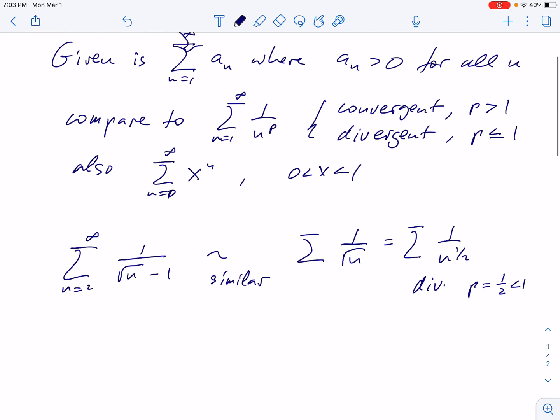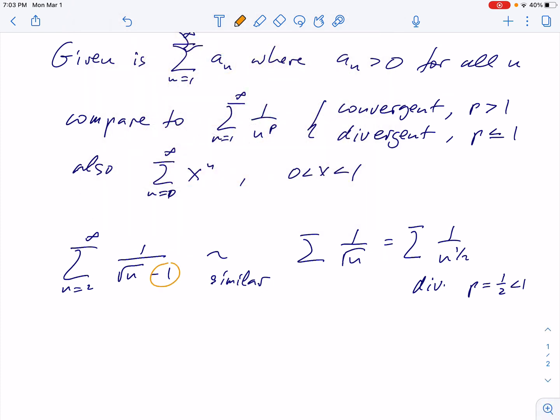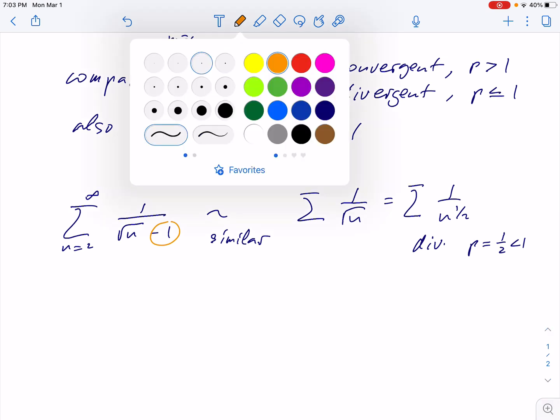So to compare, I just dropped this negative 1. Later I shall explain why we can drop things like that.